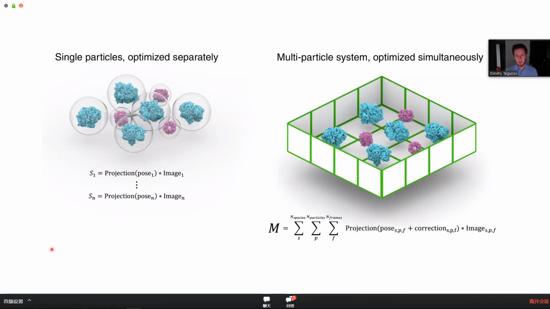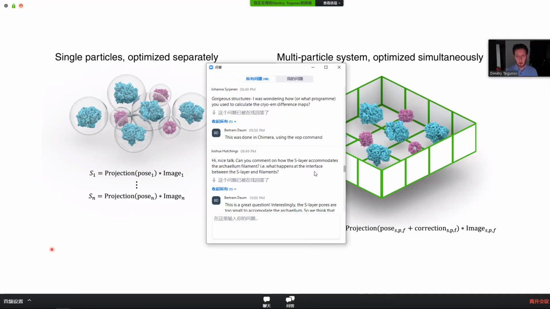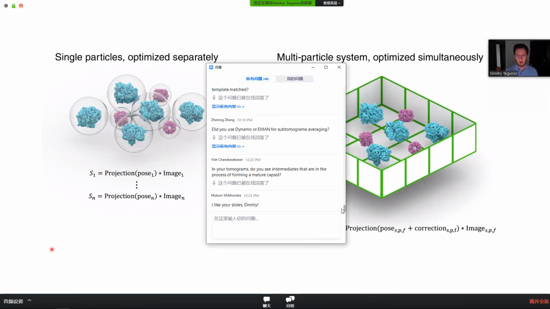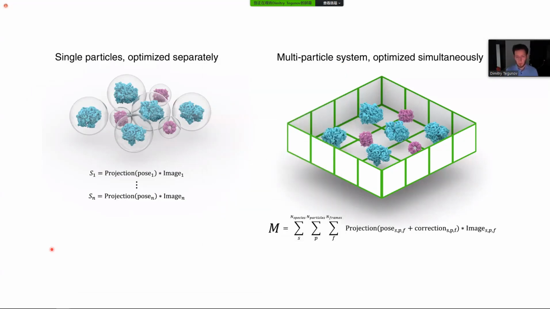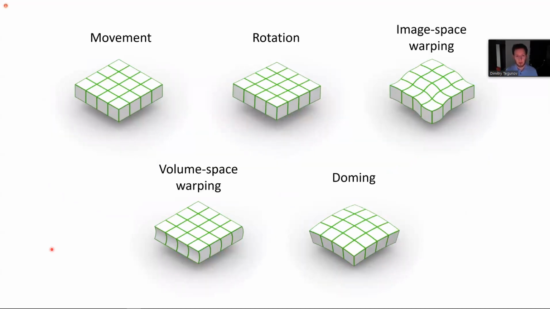Now, what M implements is what we call multi-particle refinement. We model all the contents of a tomogram or of a 2D micrograph as a multi-particle system. And we optimize the poses of the individual particles as well as the hyperparameters of this multi-particle system simultaneously in one single optimization. And some of these hyperparameters look like this.